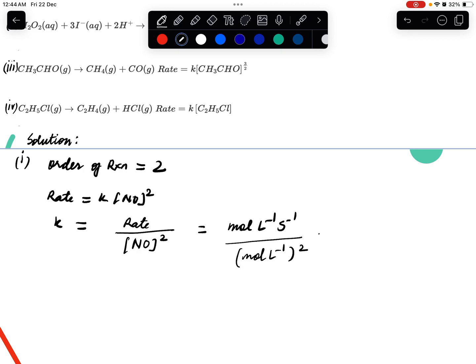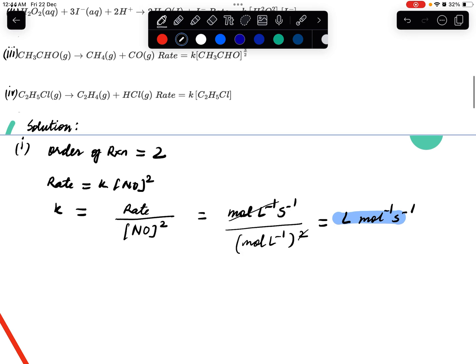Because this moles per liter will be cancelled by 1 moles per liter, we are left with liter per mole per second. So this is for the first example. Now come to the second example.